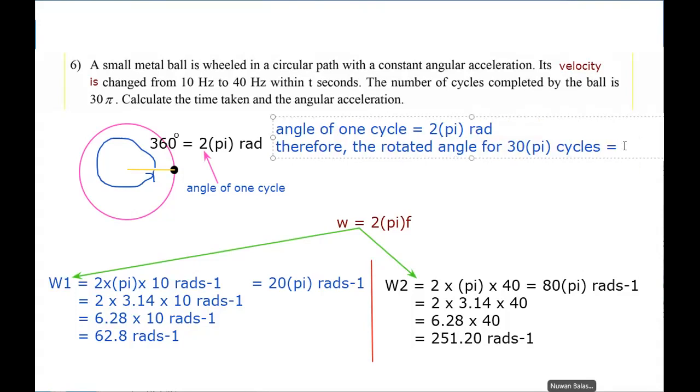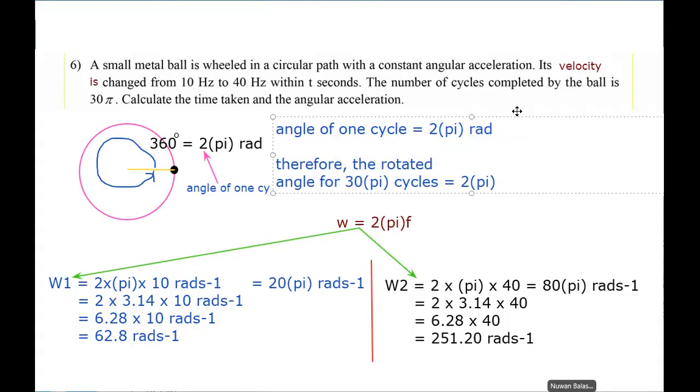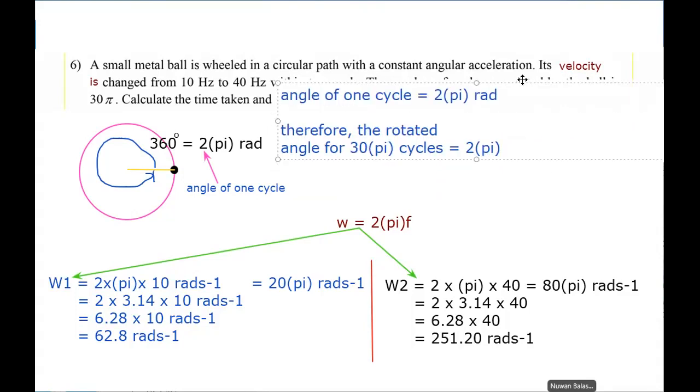So the angle of one cycle is 2 times pi radian. Therefore, the angle for this many cycles, what should I do here? I should multiply. I have limited space, that's why I have written like this. So 2 pi should be multiplied by 30 times pi. If you want, I can put it into square brackets.